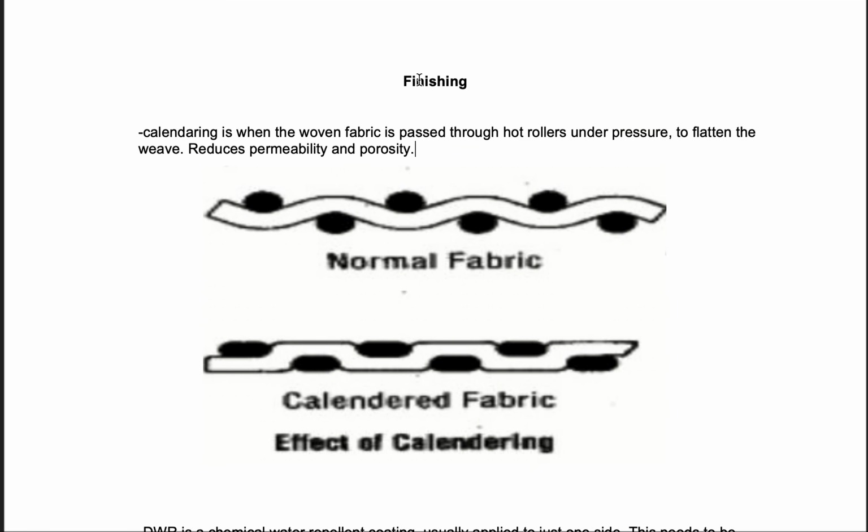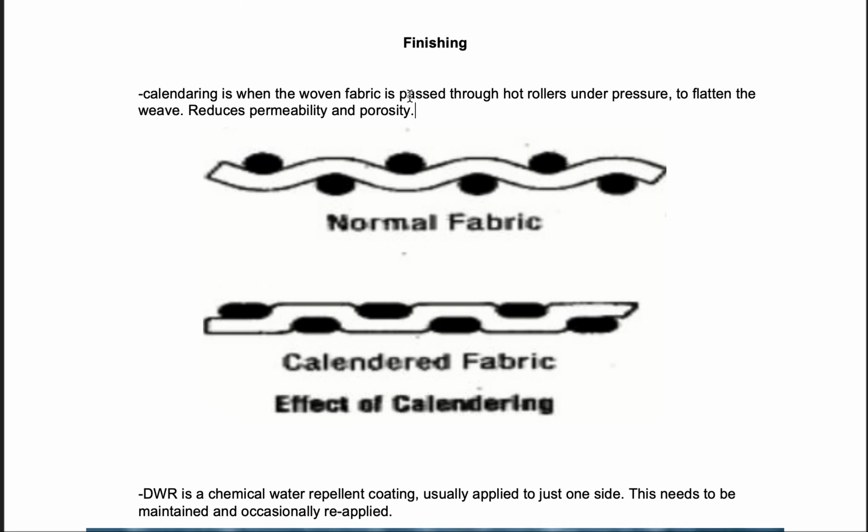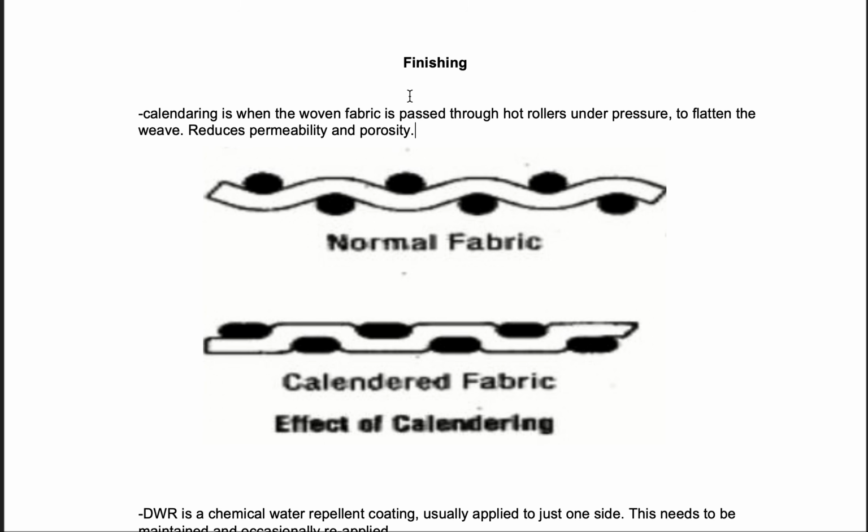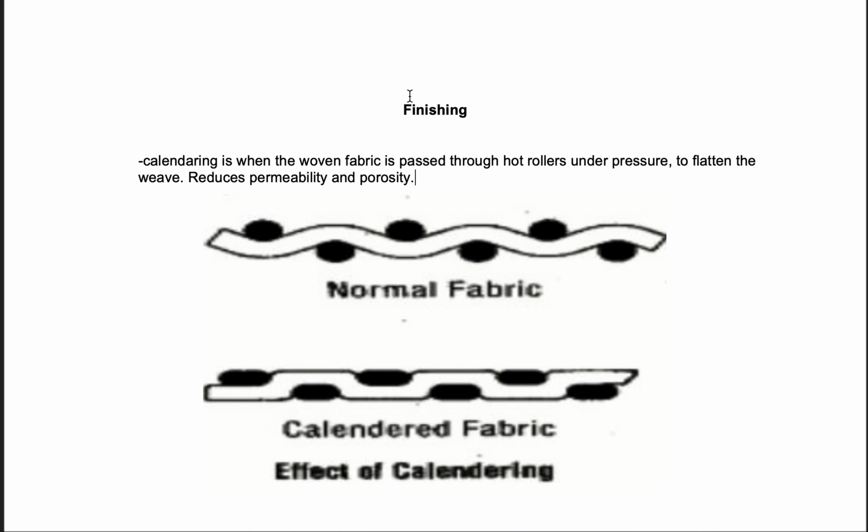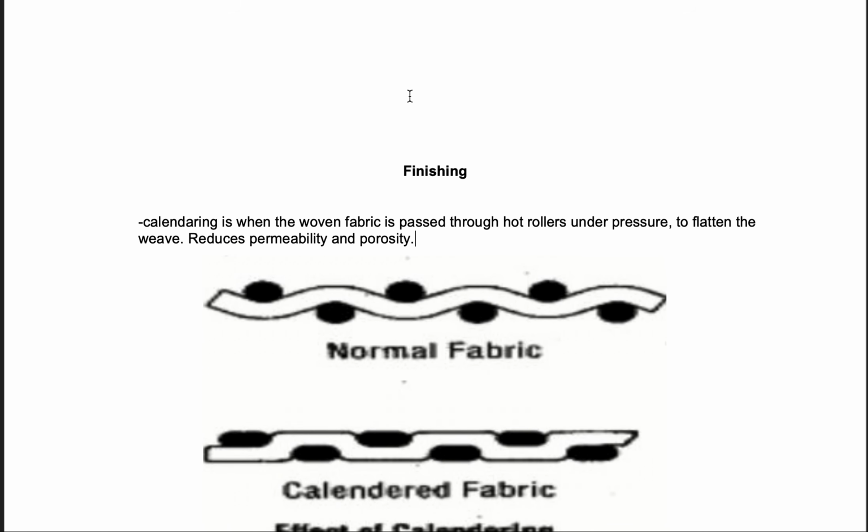Okay, moving on to finishing. Now that we've got woven fabrics, we'll move on to how those fabrics may be finished prior to going out the door. I'm just going to pause right here and point out one more thing. Almost all fabrics will have a weight per square yard associated with them, and that's oftentimes how they're marketed. You might see a 1.1 ounce ripstop nylon, or a 0.9 ounce, or a 0.7 ounce, or a 1.9 ounce, whatever.